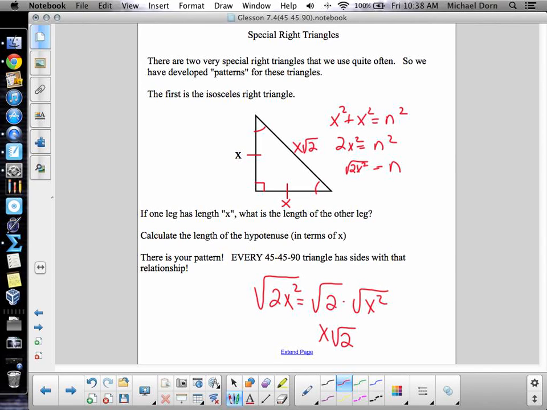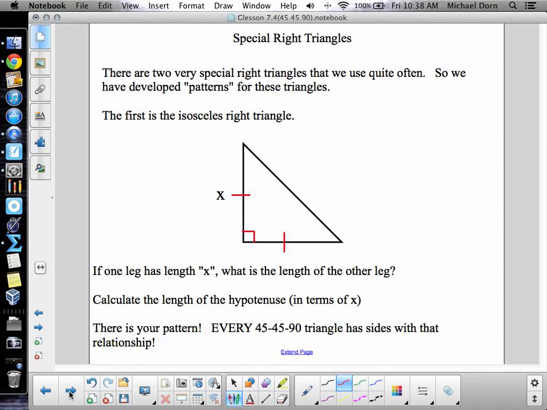Every time. That's the pattern. x root 2. That's a pattern that you're going to want to memorize. If you go on in mathematics, you will use it a lot.